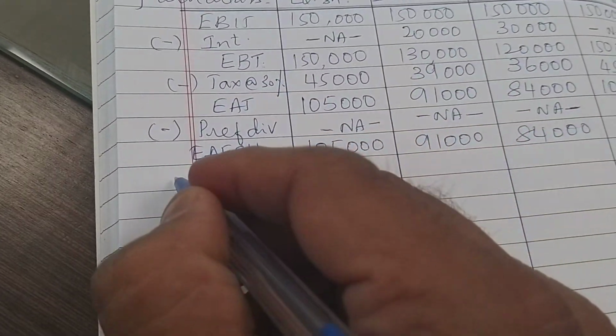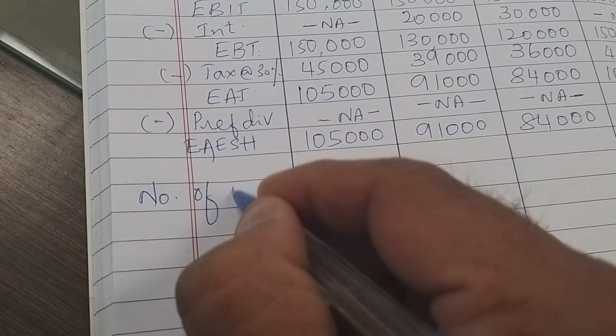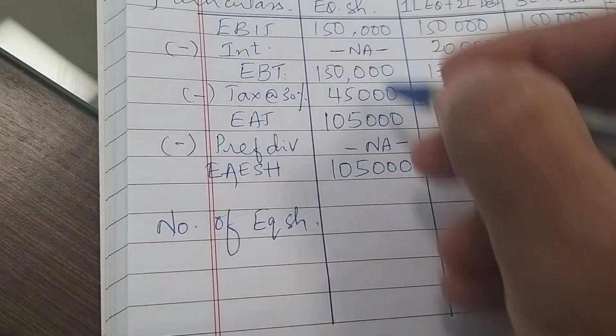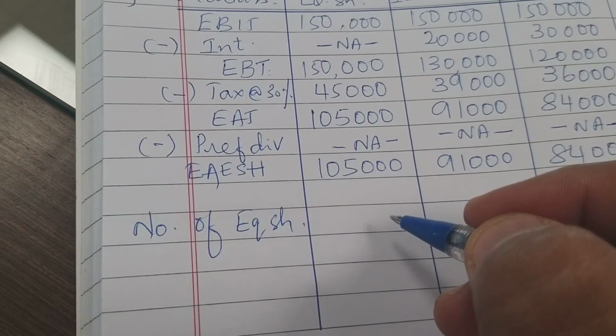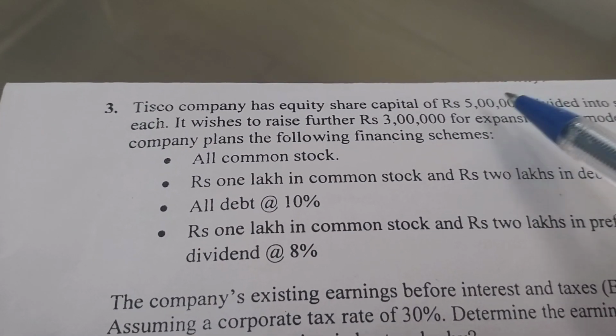Now I need the number of equity shares. In the first case, the number of equity shares is 8,000, because they earlier had 5,000 shares and then they are raising 3,000 shares.